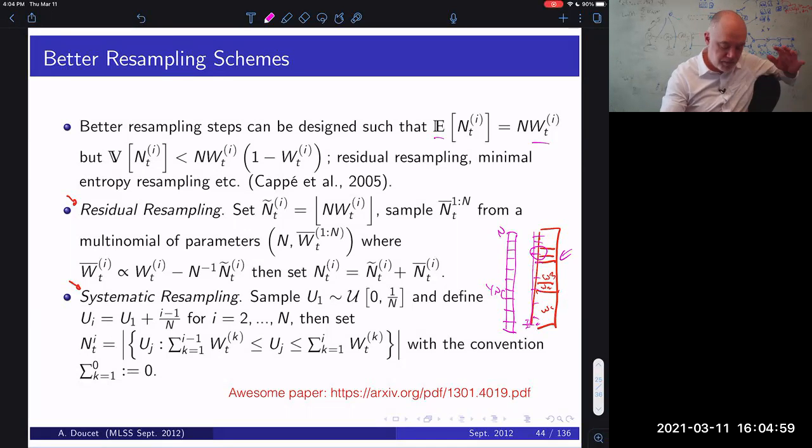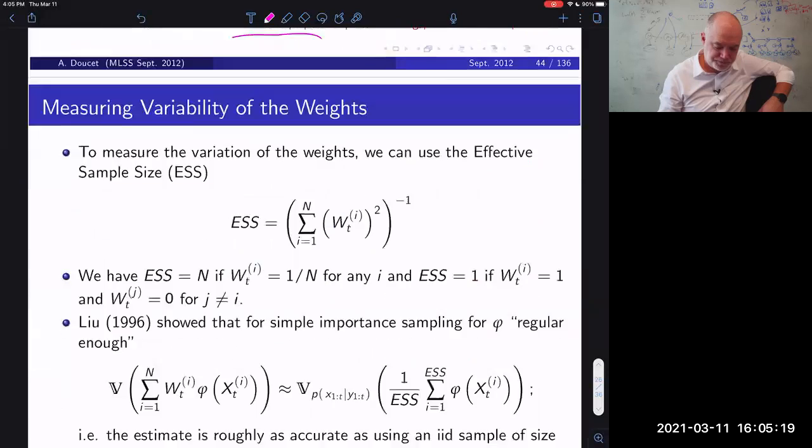Okay, and there's a bunch of these, and there's a really nice paper with some beautiful figures. If you decide to go down the SMC route, and the SMC rabbit hole is a very interesting rabbit hole to go down, there's an awesome paper here that talks about different resampling schemes and their computational costs and their benefits and that sort of thing.